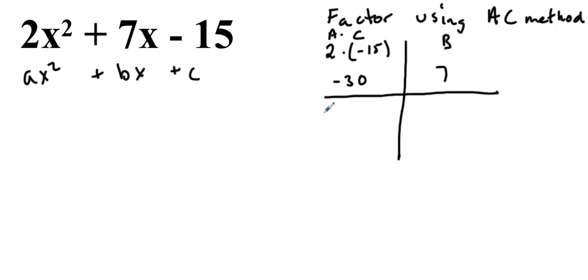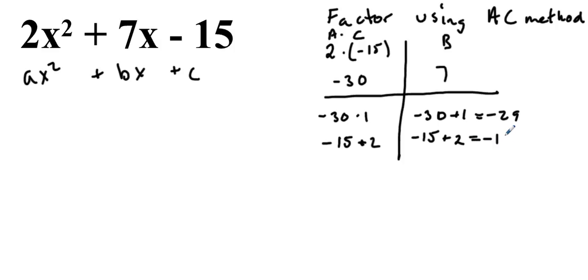So let's try it out. Negative 30 times 1, and negative 30 plus 1 is negative 29, so that doesn't work. Next, negative 15 times 2, and negative 15 plus 2 is negative 13, so that didn't work.